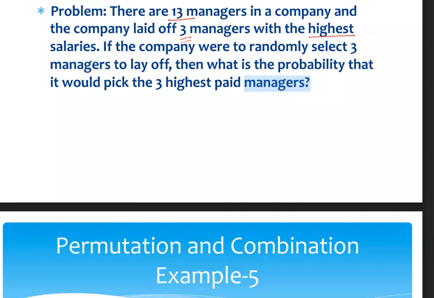So now the question comes down to this. They fired 3 managers out of 13 managers. How many different ways can this happen? And out of all these different ways, there is just one way where you have all 3 highest paid managers.